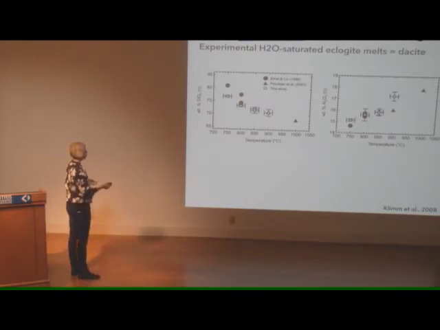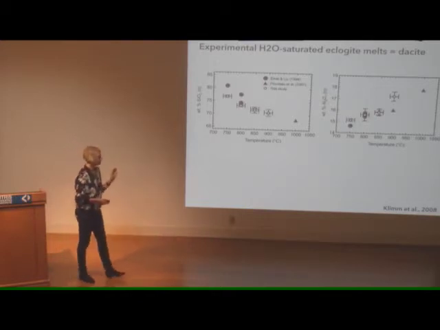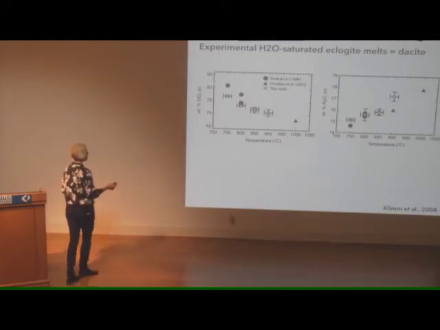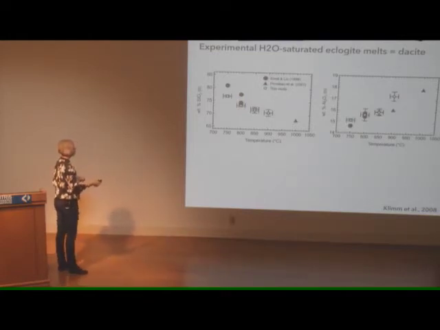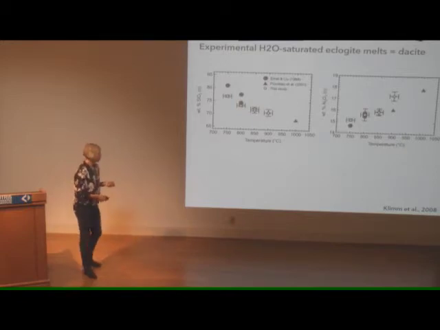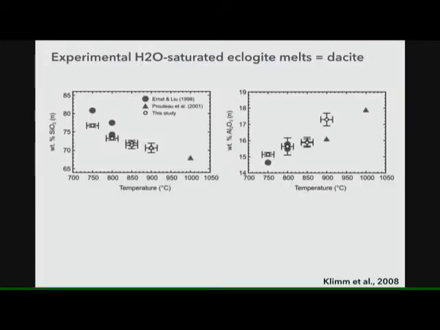So the compositional variation shown here is temperature increasing versus weight percent silica for a study that's looking at melting water-rich eclogite. You can see that at low temperatures, the melt generated by this study is above 75 weight percent silica at low extents of melting, and as you get up towards higher extents of melting, you get down to 60-some weight percent. So the aluminum content also changes quite a bit.